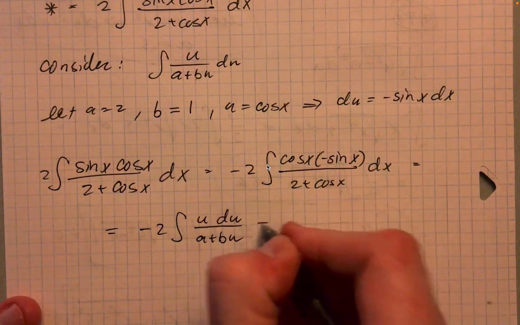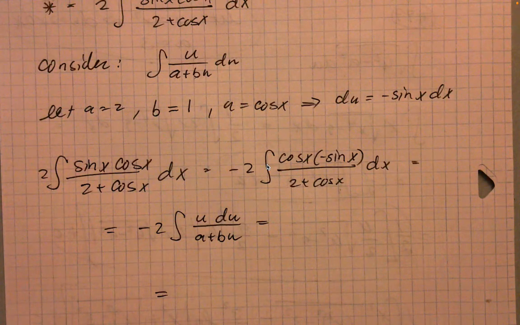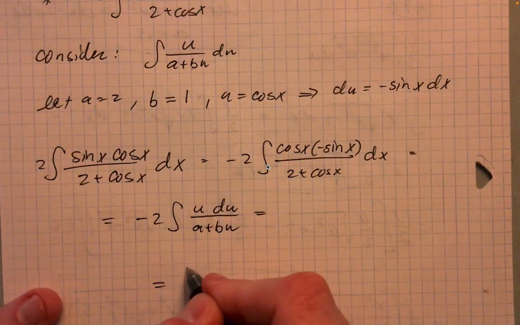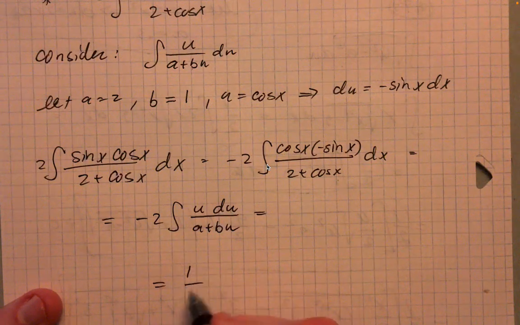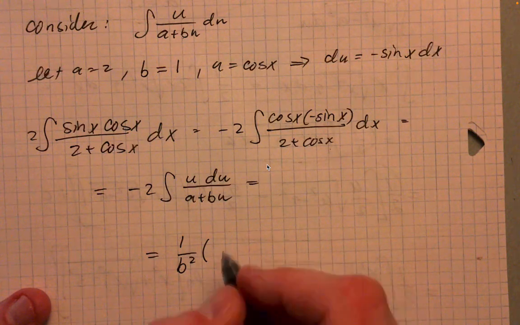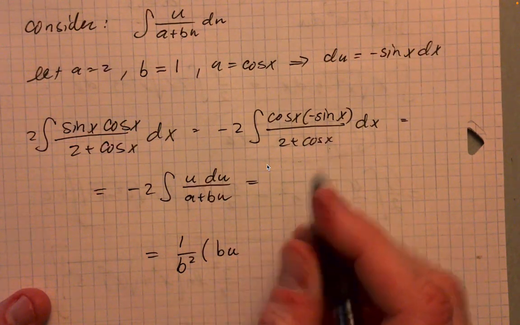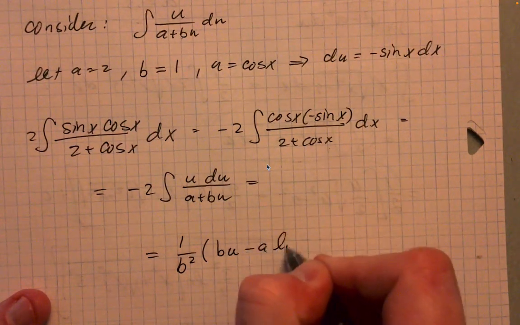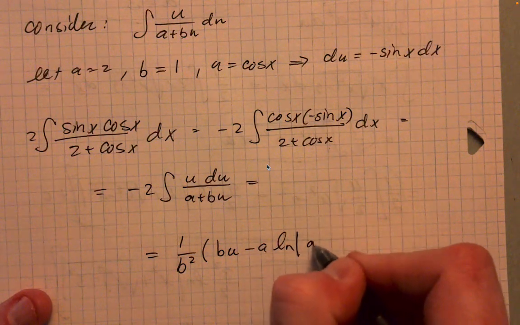Okay, and then we can just look at the tables and see that this whole thing should be equal to, I'm just reading this off the table, 1 over b squared times bu minus a times the natural log of a plus bu.